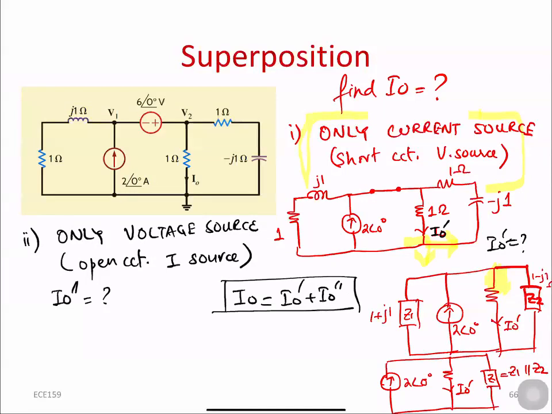So now I can use the current division rule and find out I naught prime, using the current division rule.